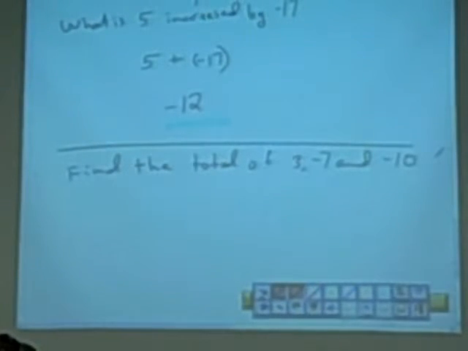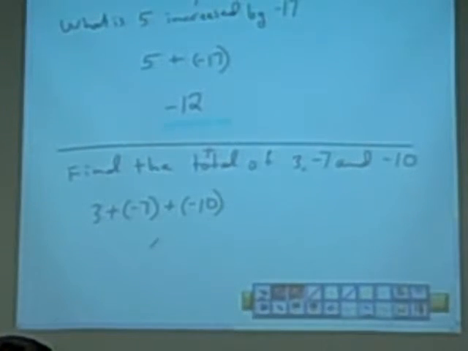Okay, so what are we going to put in between each number? For total, we mean what? A plus, right? So we're going to put 3 plus, and what would come next? A negative 7, okay, plus a negative 10. Okay?